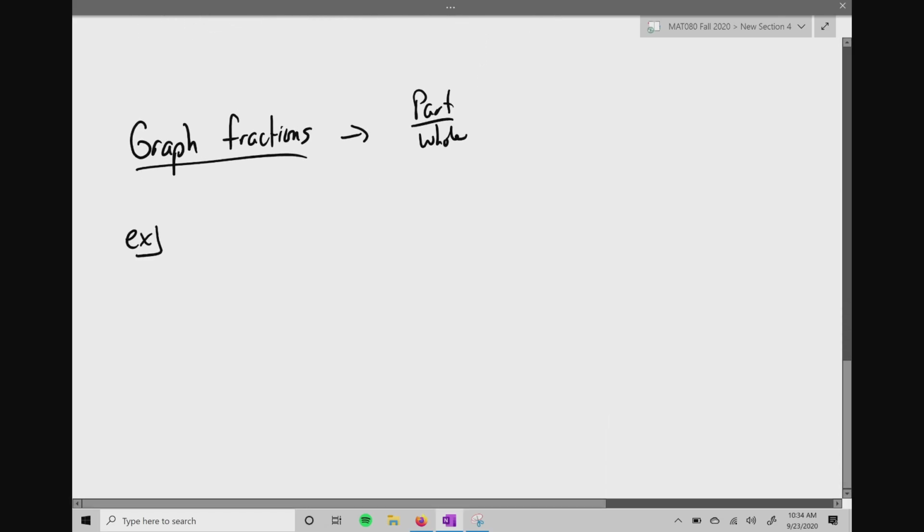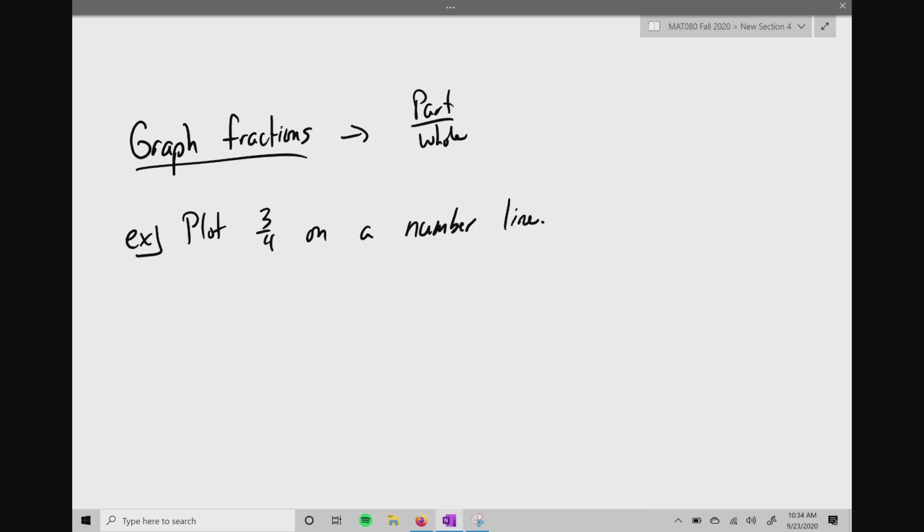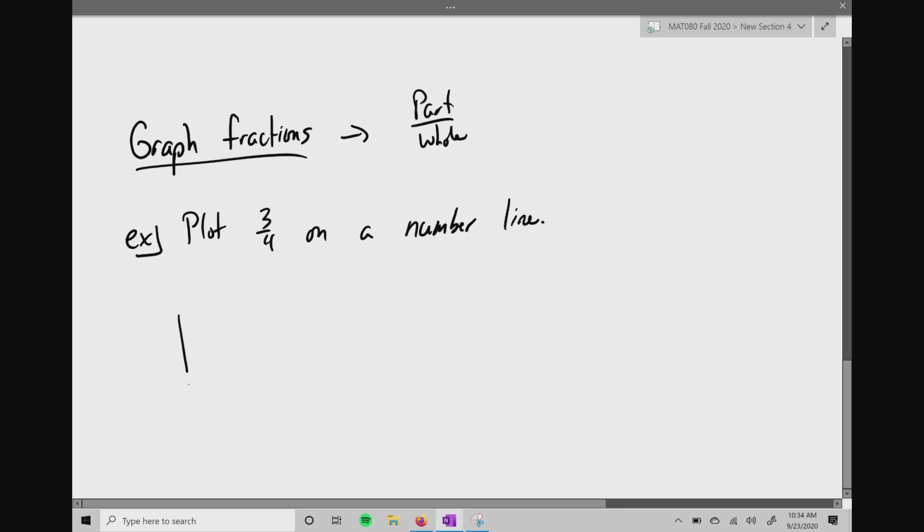So here's an example, and I want you to plot 3/4 on a number line. Now, in order for me to do this, I have to understand that 3/4 is the part divided by the whole.